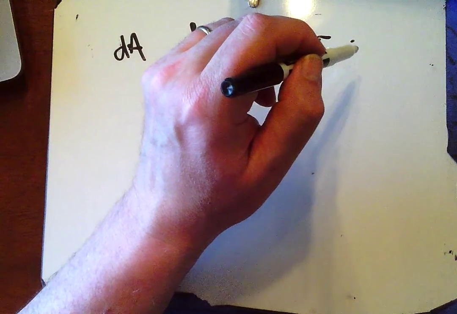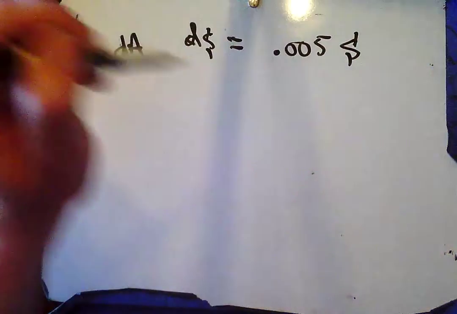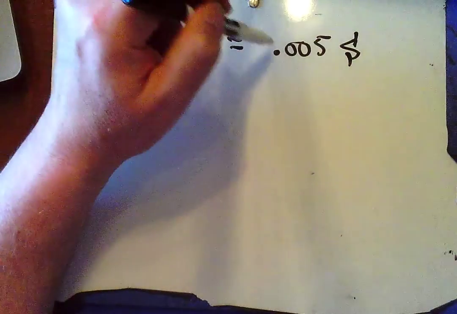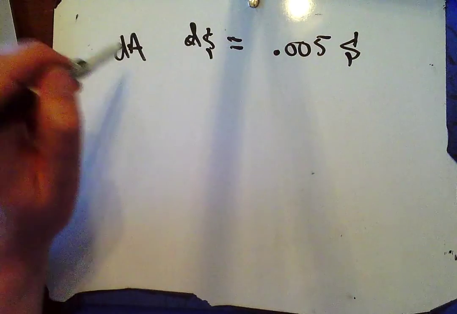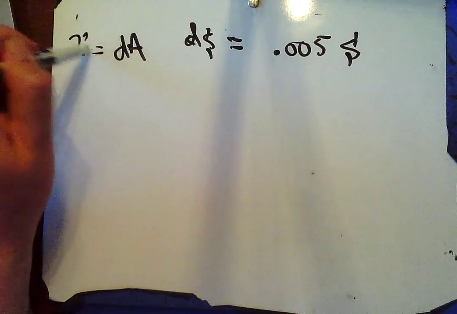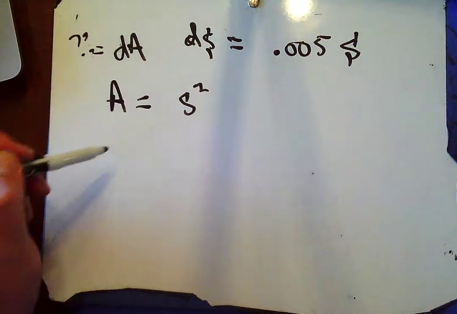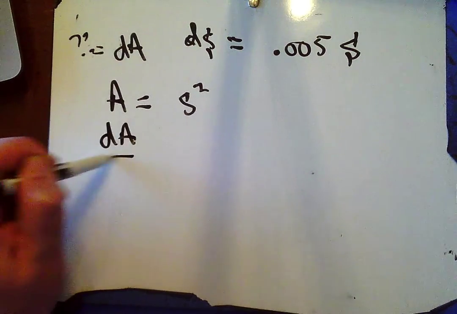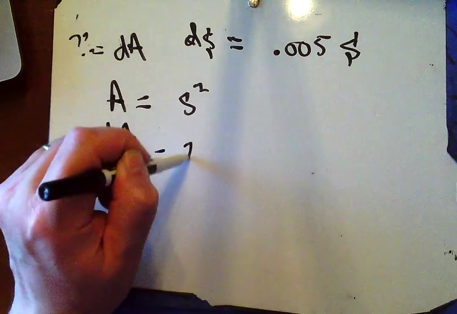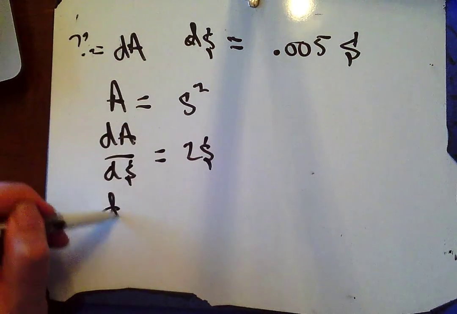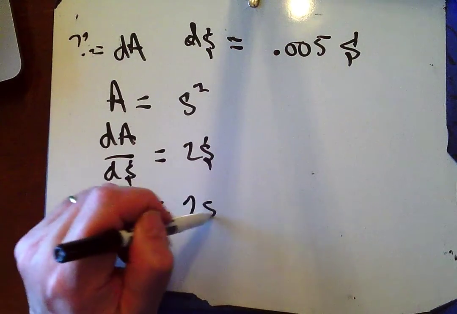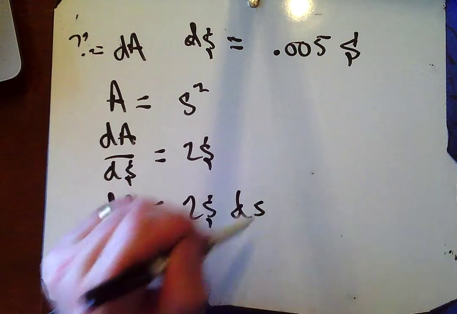And that's the value of the side length. Okay, so we know that ds is 0.005s, and we want to know about dA. Well, I know for a square, area equals side squared. And so dA/ds is going to be 2s. And therefore dA is going to be 2s ds.